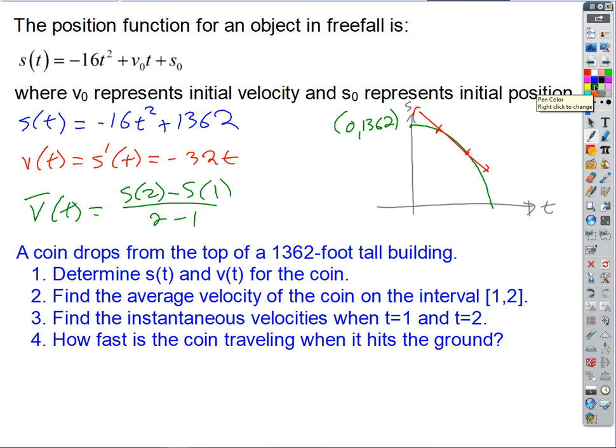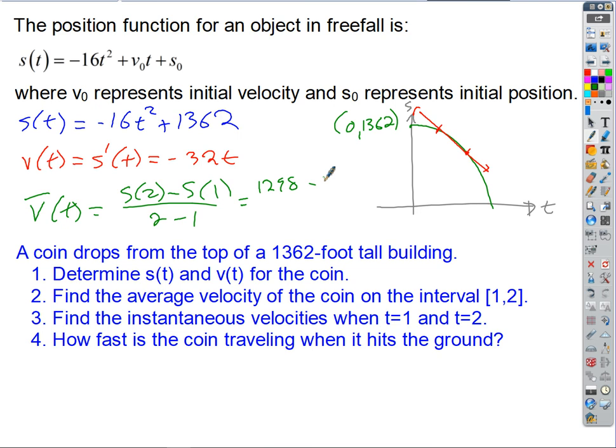If I plug in 2, what do I get? So 4 times 16 is 64. So negative 64 plus 1362 is 1298. Minus 60, so that's going to be 1346.